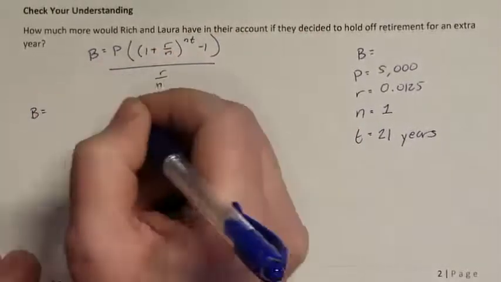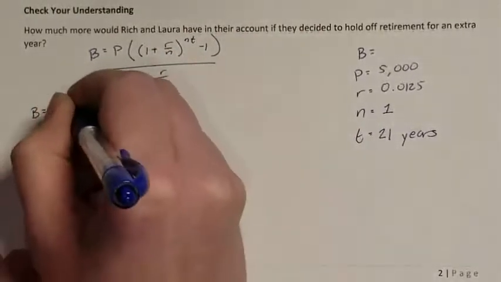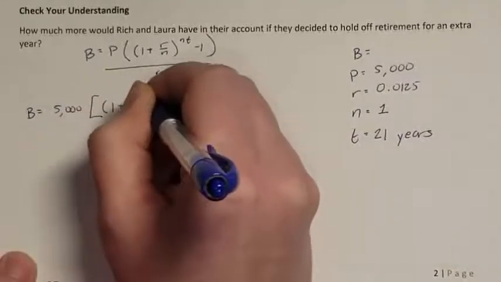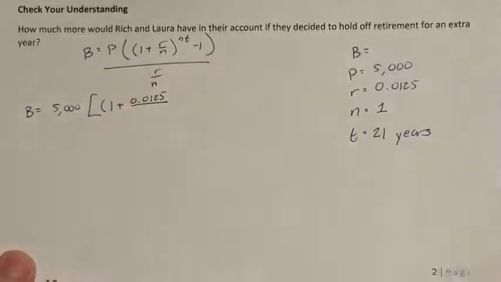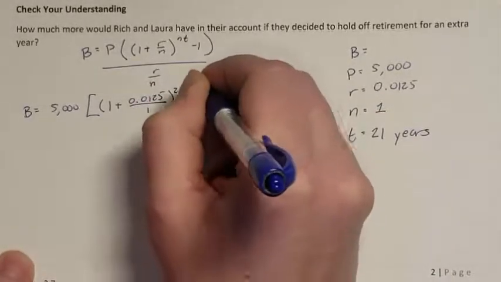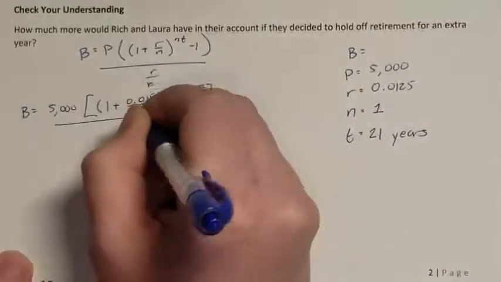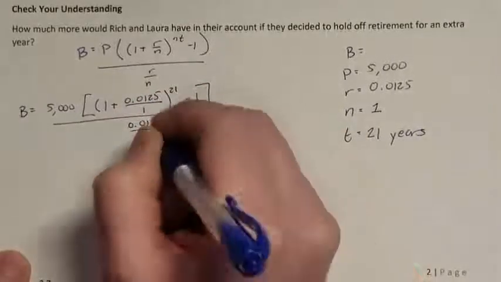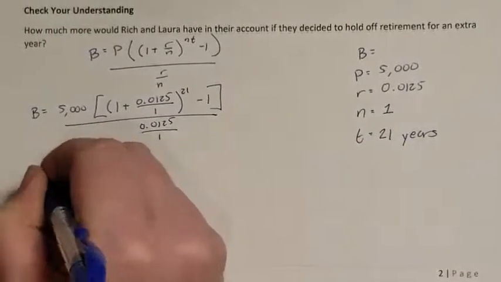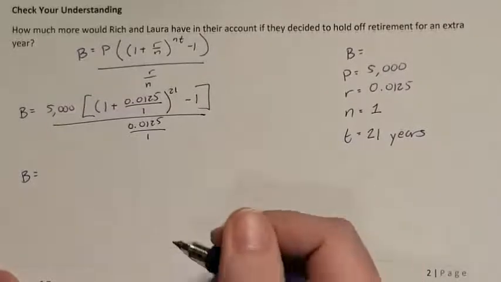So B is, my P is 5,000. 1 plus, I need the fraction of my rate over my N. N times T is 21, all over my R divided by my N. So again, typing this all into the calculator exactly the way that it reads, I recommend Desmos.